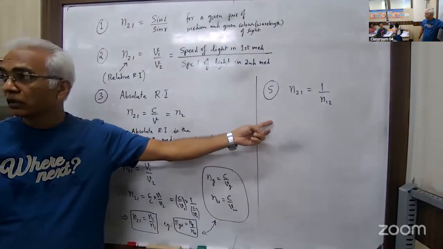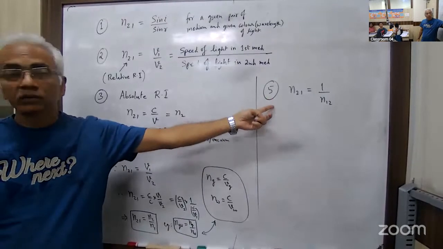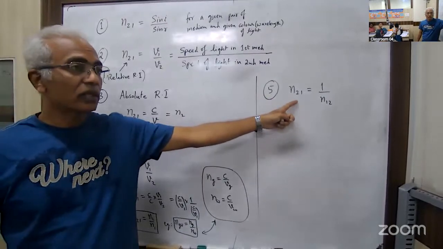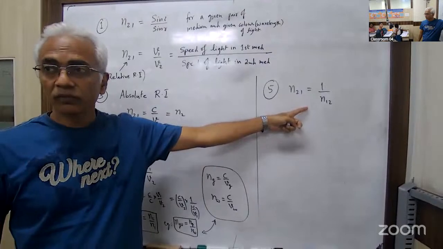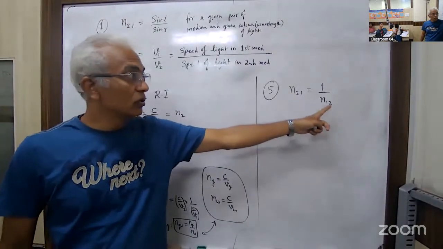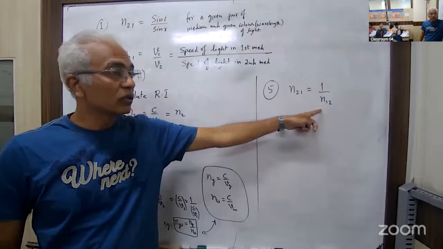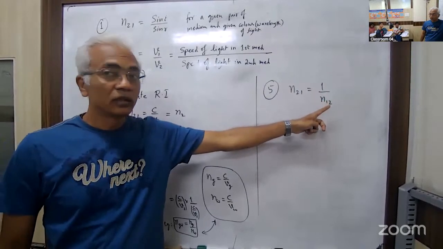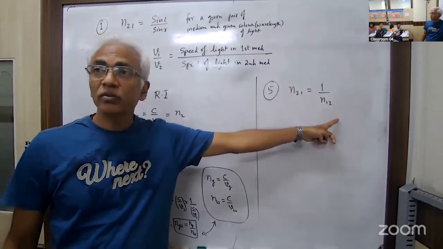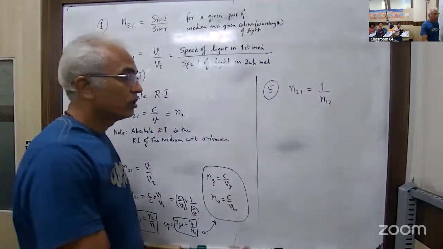What does this mean? The refractive index of the second medium with respect to the first medium can be shown to be equal to the reciprocal of the refractive index of the first medium with respect to the second medium. So how can you show this?